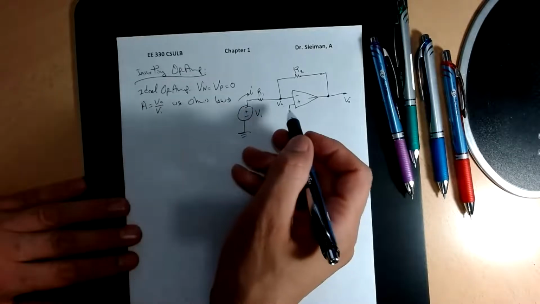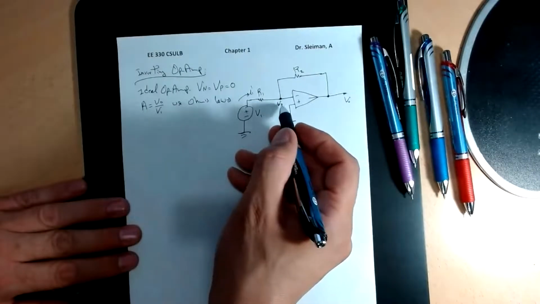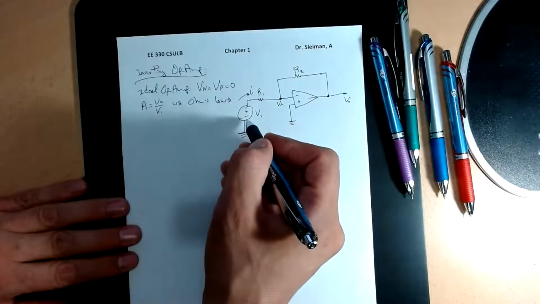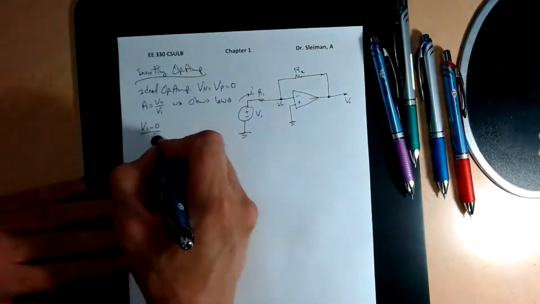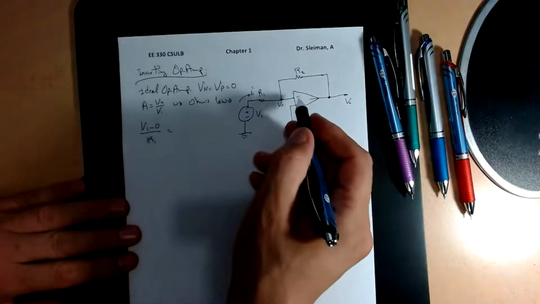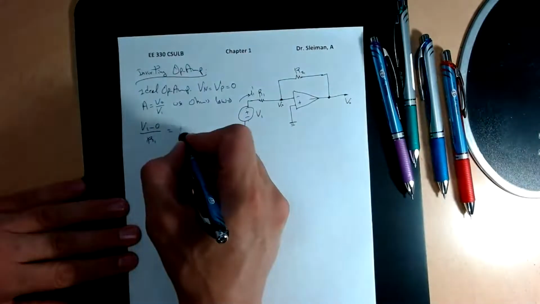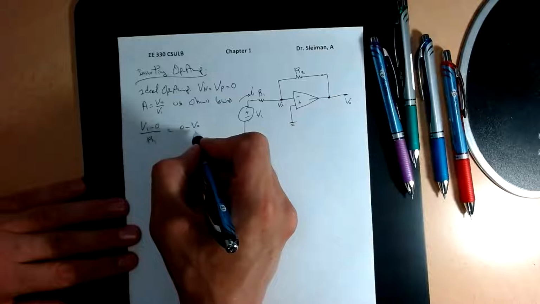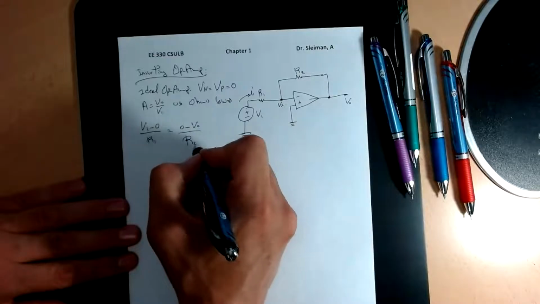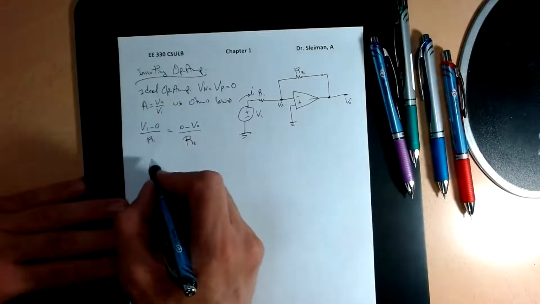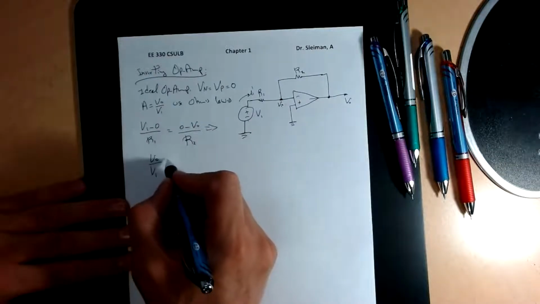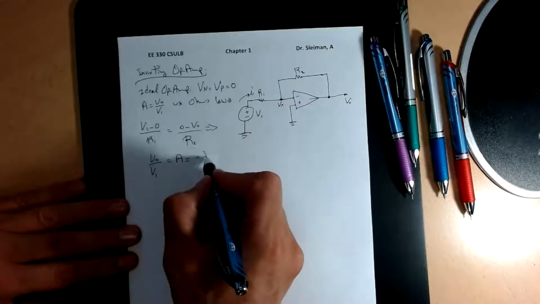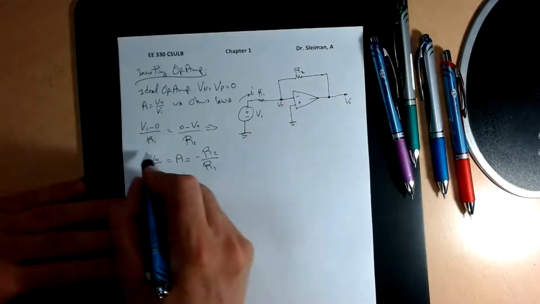Considering that this is our node, V1 minus 0 divided by R1 is equal to 0 minus V0 divided by R2. Considering V0 divided by V1, which is equal to the gain, is equal to negative R2 divided by R1.